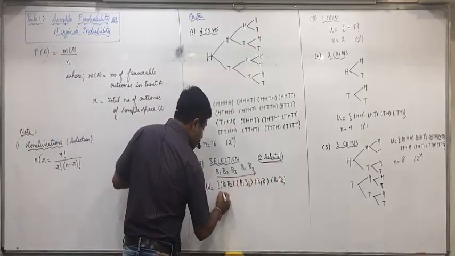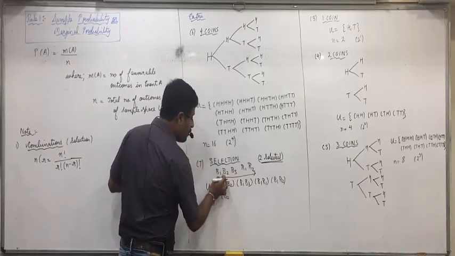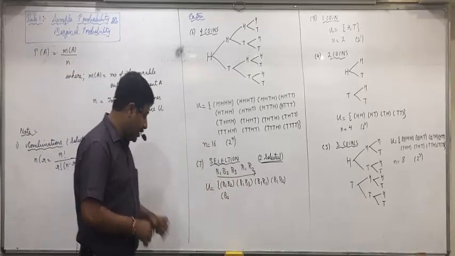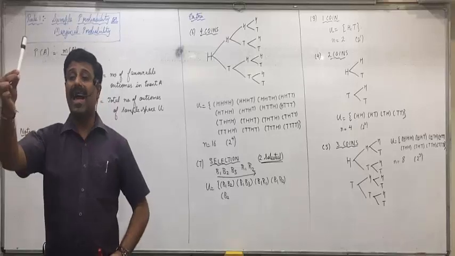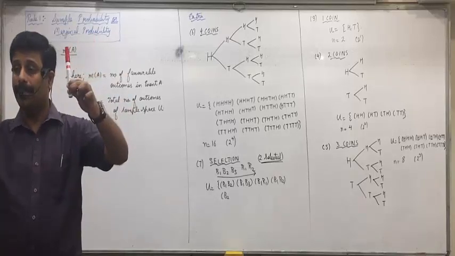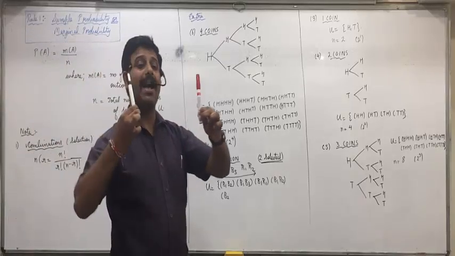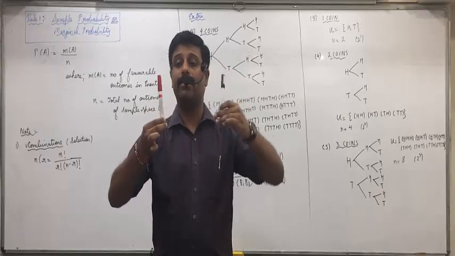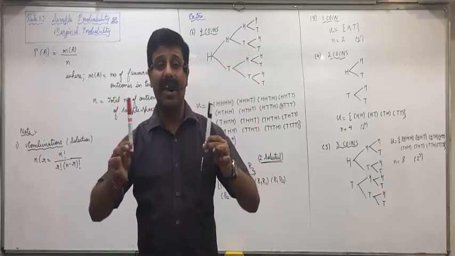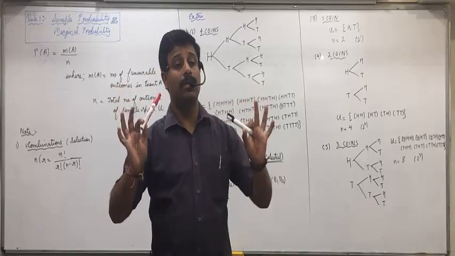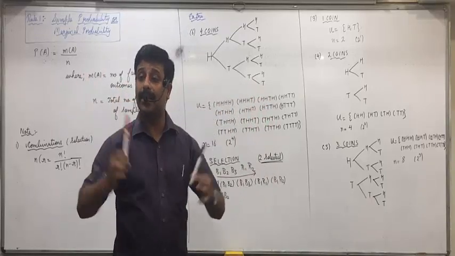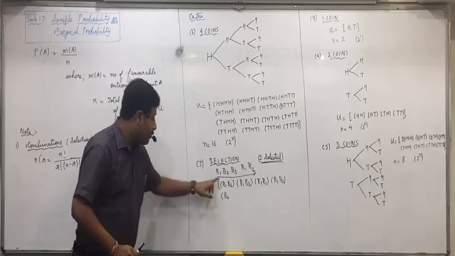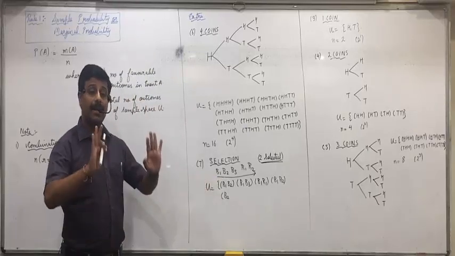Now when you start with B2, then don't take B2 B1 again. Tell me, 1 black ball, 1 red ball. Whether I select black and red or I select red and black, does it make any difference? Finally, I have which 2 balls? Black and red, or red and black, one and the same. So B1 B2 and B2 B1 are the same.